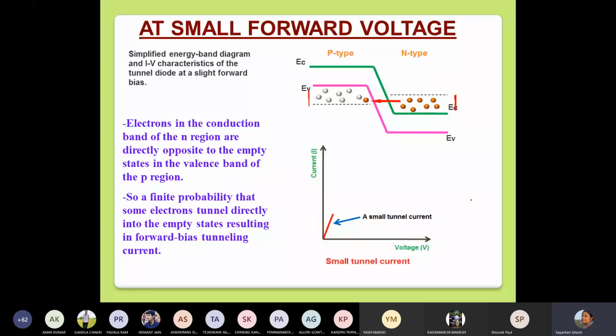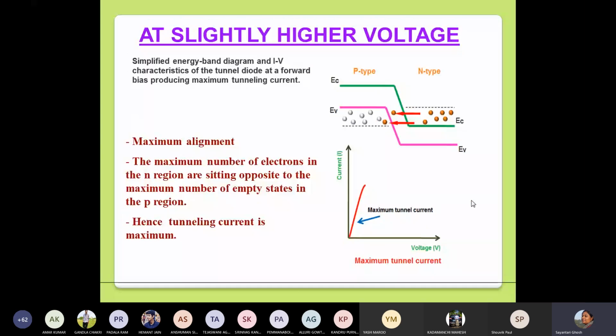Now, in the next step, we have a slightly higher voltage. That means this Fermi level goes further up, and this Fermi level goes further down. This barrier gets smaller and smaller, and that means more of these electrons can see more of these holes. So this is kind of the maximum alignment, so to say.